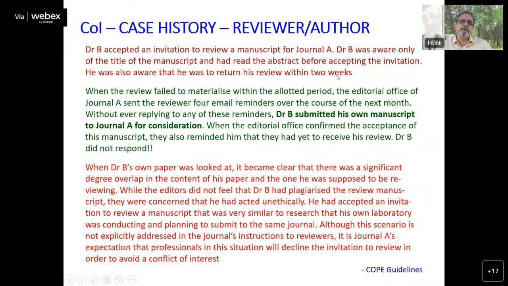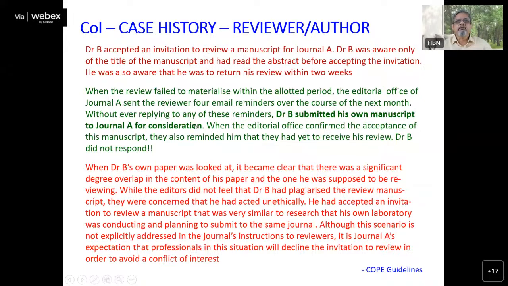This person B did not send his comments on that paper, and the editorial office sent the reviewer 4 email reminders over the course of the next 1 month. Nowadays, they don't even wait for that long. They give you about 20 days and say if you cannot submit within the 20 days, you are simply taken off the list of referees. So they sent him reminders over the course of 1 month.